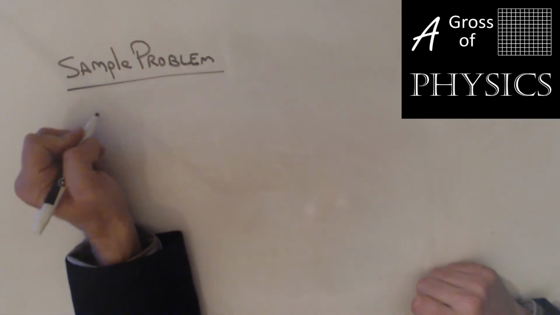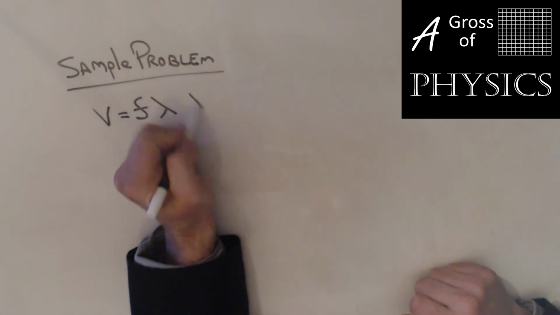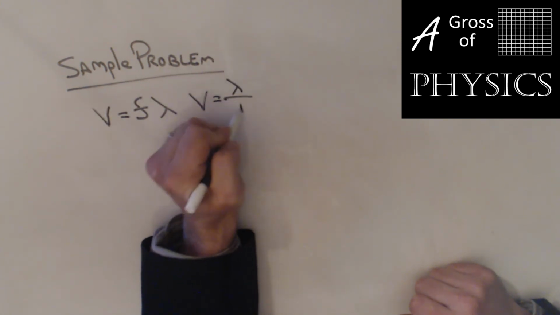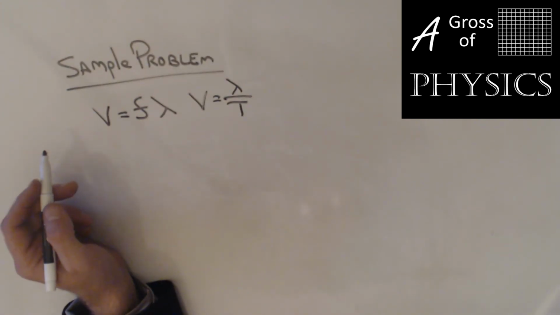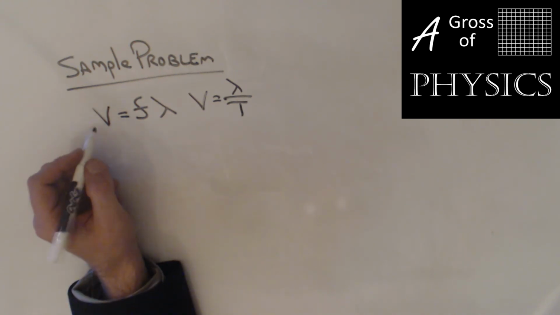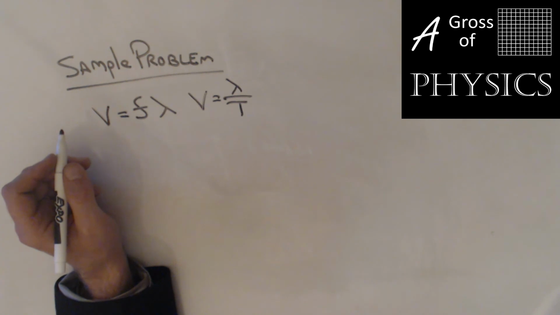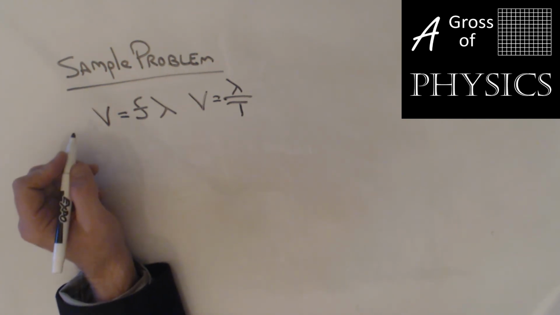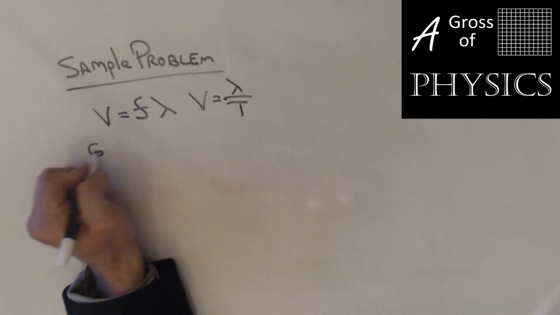All right, if we remember, our equation is V equals f lambda, or V equals lambda over T, and we'll realize that this is basically V equals d over t using the wave characteristics. Now, our problem deals with water waves in a lake, and they travel a distance of 4.4 meters in 1.8 seconds. Period of oscillation is 1.2 seconds.